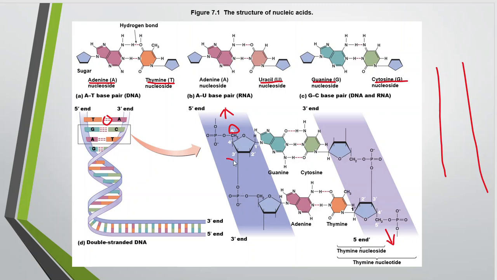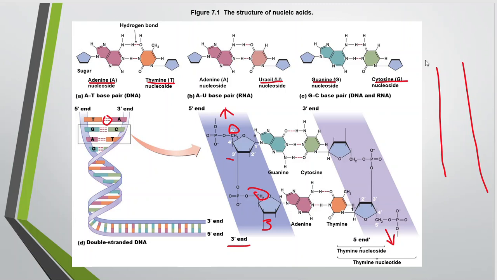See how that 3 carbon there is joined to the 5' end? That's the carbon number 5 right there, guys. So that phosphate joins to the 3rd carbon there. And so we call this a 5 to 3' end. This is the carbon number 3 right here. So this would be our 3' end.